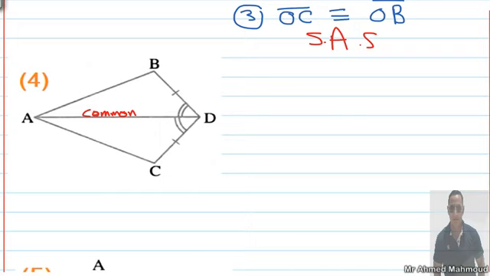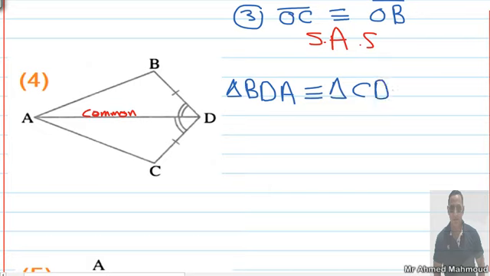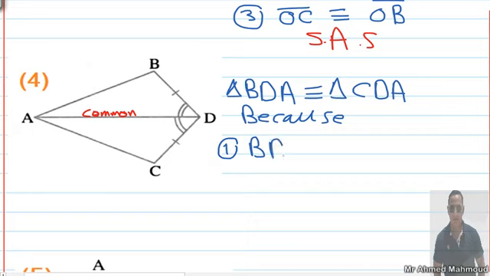Then the two triangles are congruent. Then I can say that triangle BDA is congruent to triangle CDA because number one, BD congruent to CD. Number two, AD is a common side.